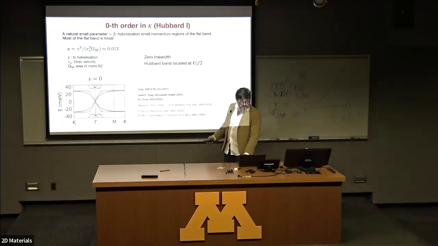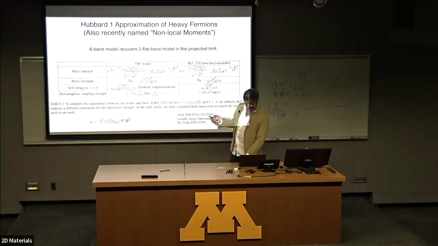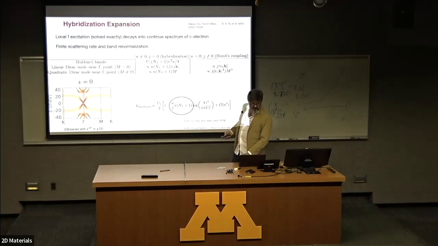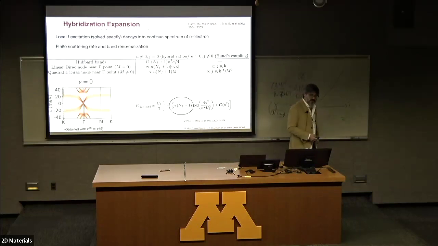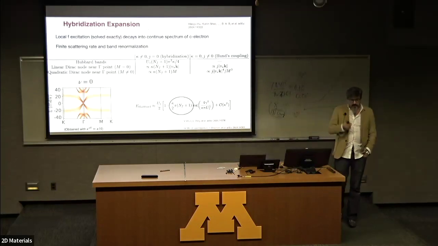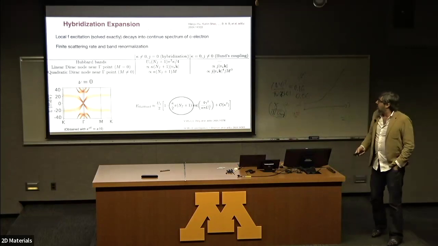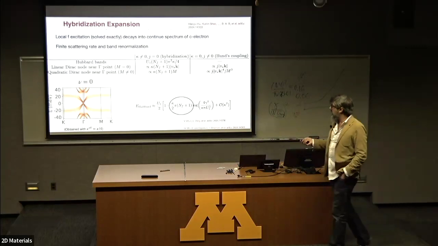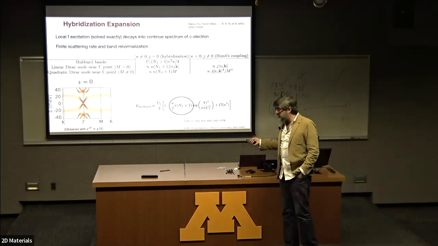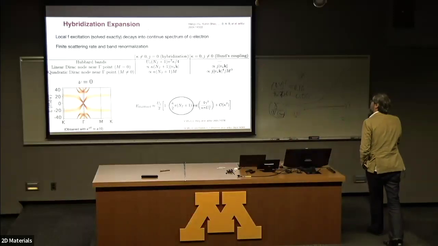So how do you get that? I'm running out of time, so I'm not going to go through a dictionary between the non-local moments and the Hubbard-1 approximation of the heavy fermions and then further approximations. But basically, the moral of the story is that if you do a hybridization expansion, what you're going to get for these spectral functions are the following properties.